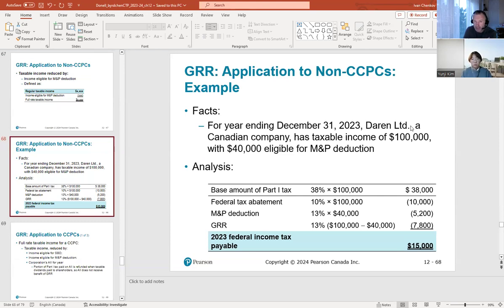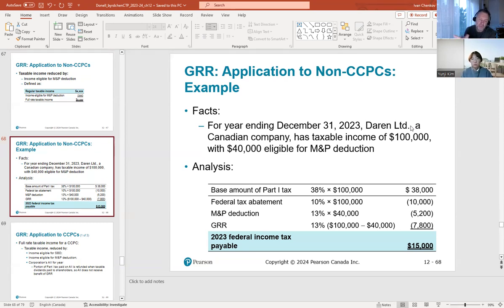So what we're going to do? We're going to get 38% on the full amount, on the 100,000. Then we're going to deduct the federal tax abatement. Then we're going to apply the small business deduction, but only on the portion which is not eligible for manufacturing and processing.